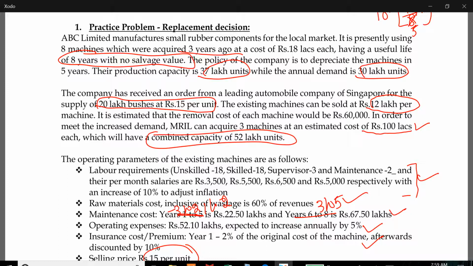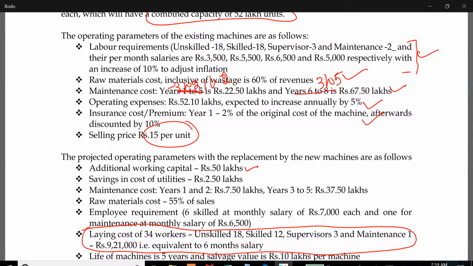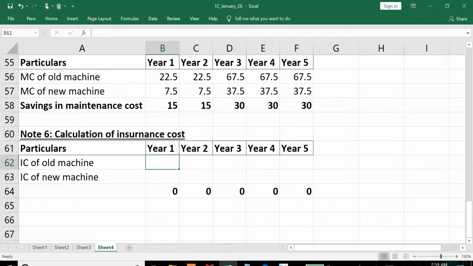The original cost was 8 machines into 18 lakhs. Year 1 they have said it is 2% of the original cost. Now I have to interpret it in 2 ways. First way is 8 into 18 into 2% is the cost for the year 1 insurance cost.